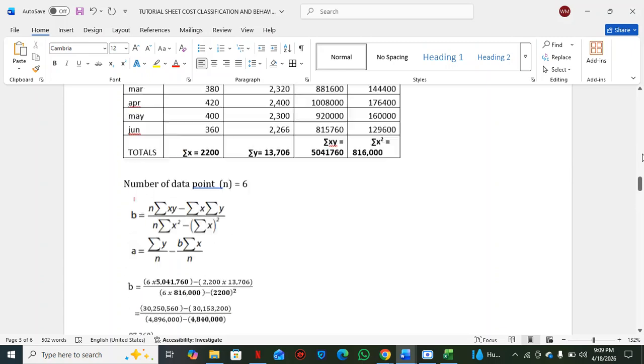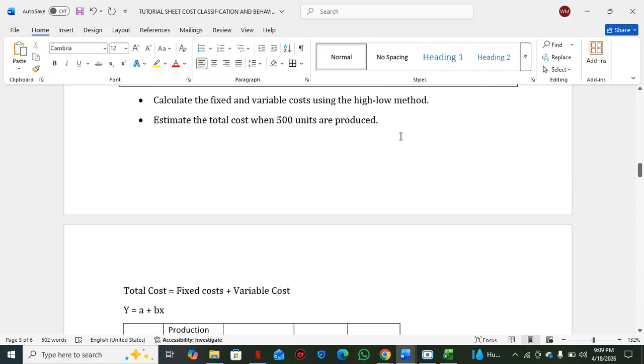We can now use it to estimate, because remember in this question it says estimate the total cost when 500 units are produced.